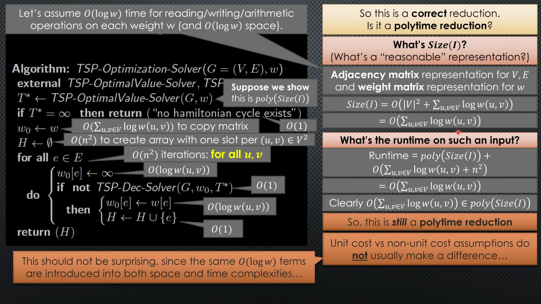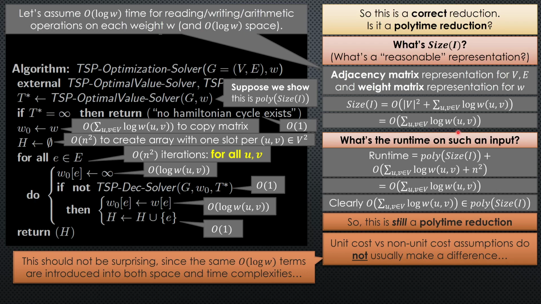So if you increase a logarithmic space term, you're going to have to pay that logarithmic term as a time term to access that variable. So usually your time ends up blowing up by the same factor as your space does.